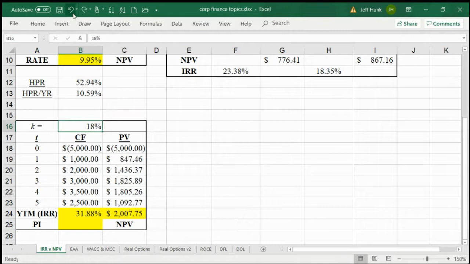Let me go back to the PowerPoint. All righty. So now we have pretty good understanding of internal rate of return.